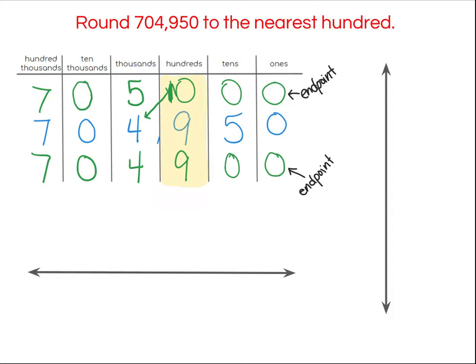Now we put our endpoints on the horizontal number line. Because 704,900 is smaller, it goes on the left side, because when we count from smallest to largest.